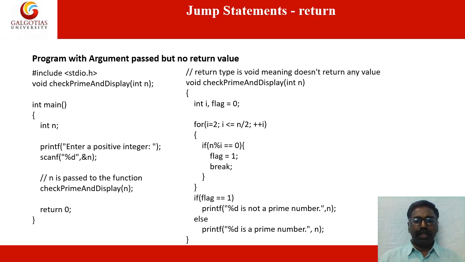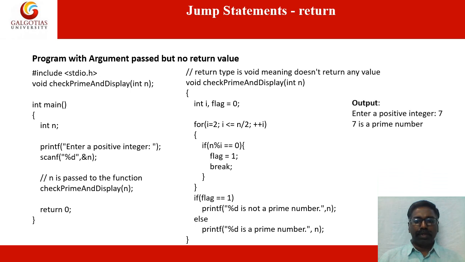Inside this function, we declare our own variables, and then using some logic, we find out whether the supplied value is a prime number or not, and we display the result inside this function block itself. Then we return back without any output to the main function.